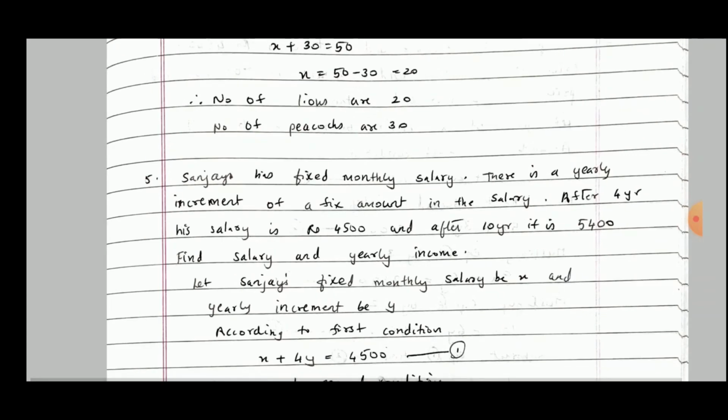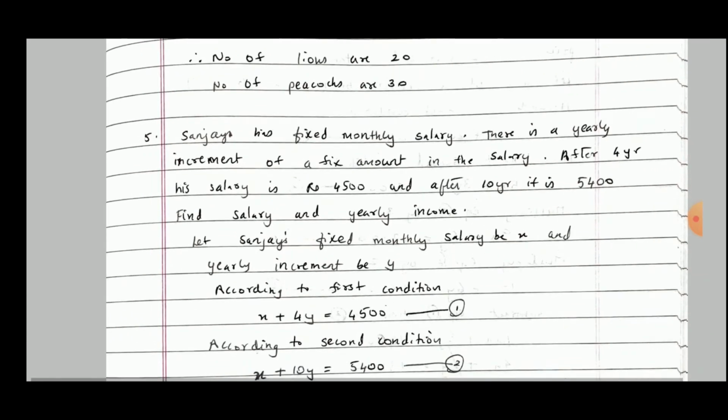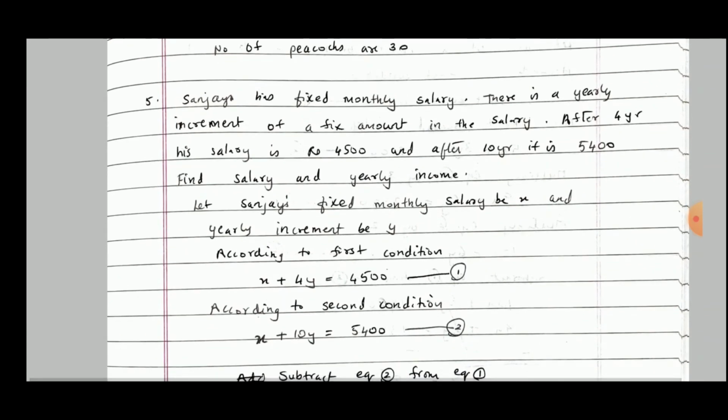Let Sanjay's fixed monthly salary be x and the yearly increment be y. According to the first condition, you get x plus 4y is 4,500, and after 10 years the increment will be how much? 10y, and the initial salary is fixed salary x. So after 10 years the salary will be x plus 10y is 5,400.